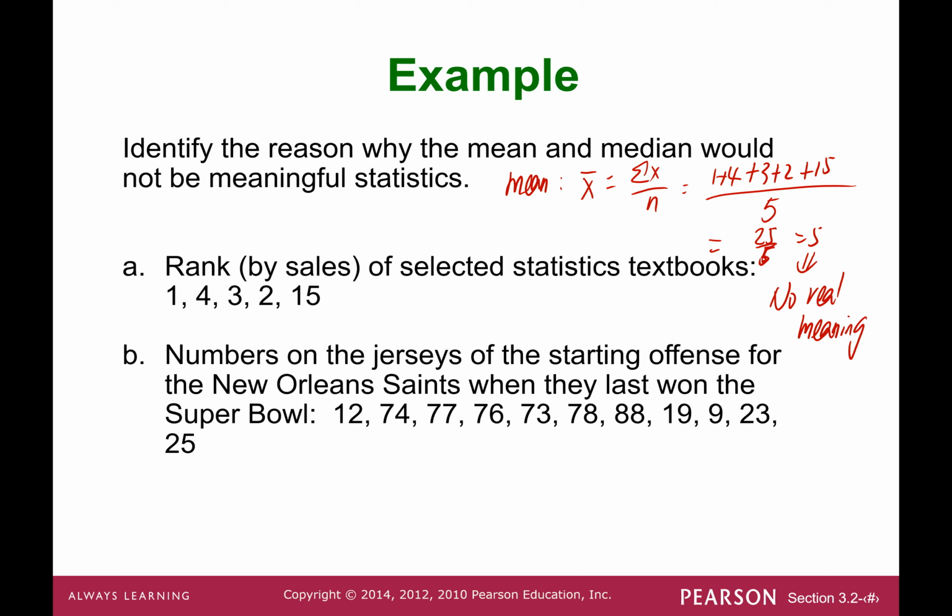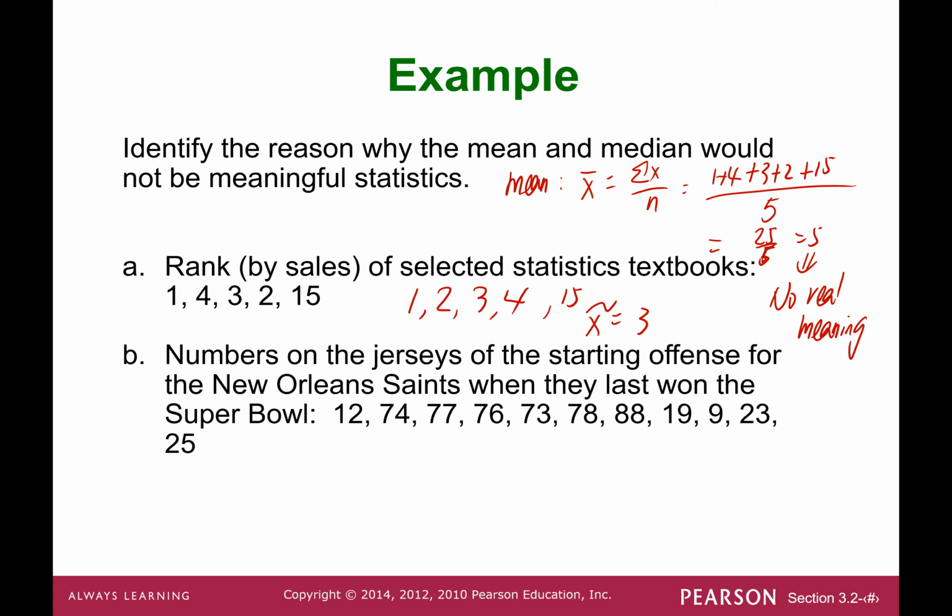Same thing for median here, right? The median, if you put the data in increasing order, will be 1, 2, 3, 4, 15. And then the median is 3. Median x tilde equals 3. And again, it's very difficult to interpret this median in a real sense. That's why sometimes you calculate mean, median, but it has no real meaning. Okay.